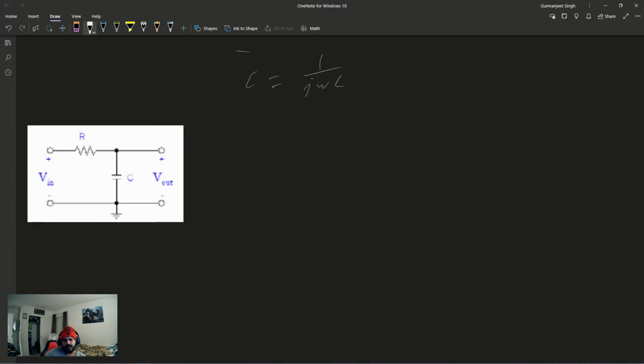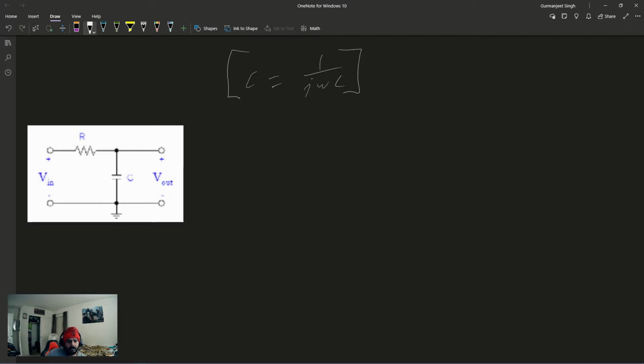I shouldn't get too deep into this. You will already learn this within EC 311 or 211 depending on your professor. For right now, just know that when we're looking at the circuit, the capacitor is essentially equal to 1 over j omega C.